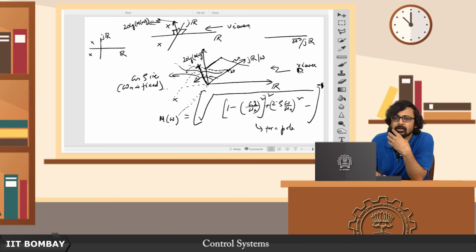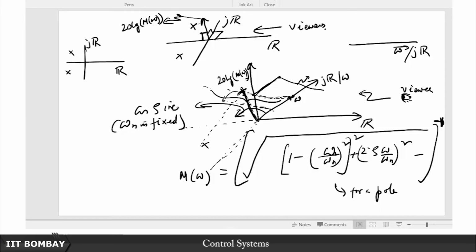So at zeta equal to 1 by root 2, it is a 45-degree angle, right. So it is equidistant from the r axis and the j omega axis, and at that point this peak value here stops appearing.